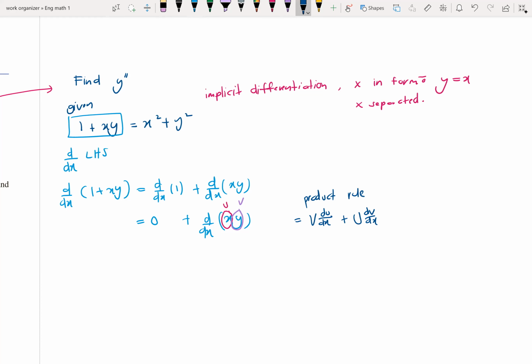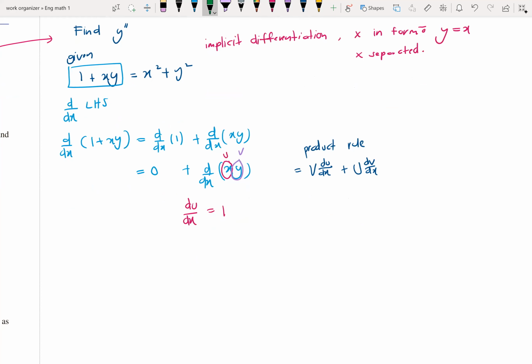So now we have to find du over dx. du over dx is 1, and then dv over dx is dy over dx. So v is y.